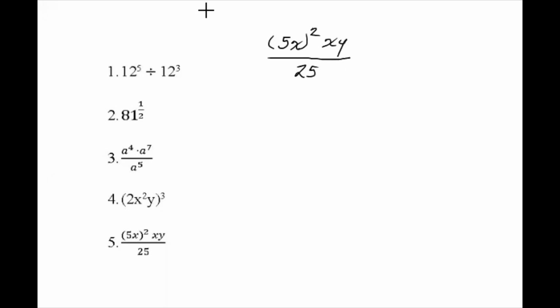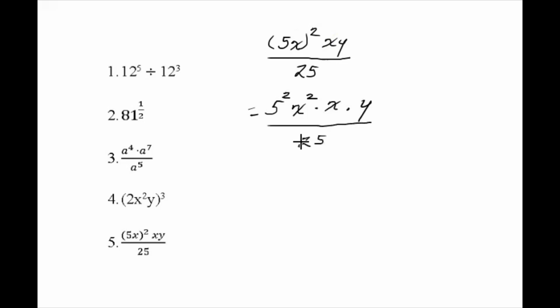But what I'm going to do now is work on this portion right here. All right, this is inside the bracket, so everything inside here has to be squared, okay? So if I square everything inside the bracket, what I'll have is 5 squared multiplied by x squared. Now this is just what's inside the bracket. Then multiplied by x and multiplied by y all over 25.